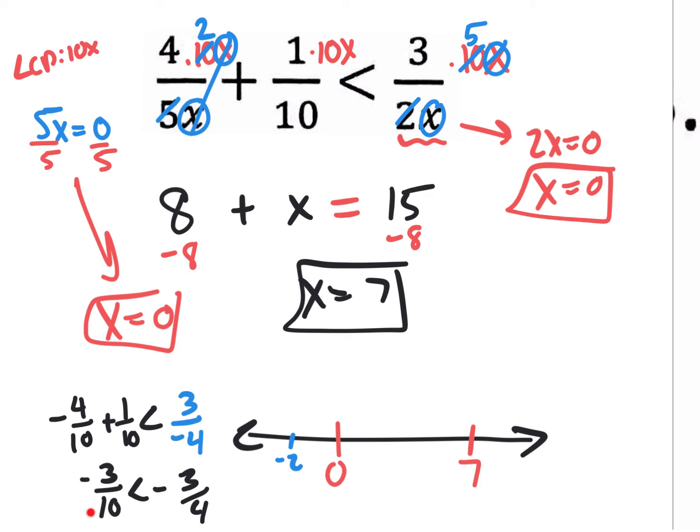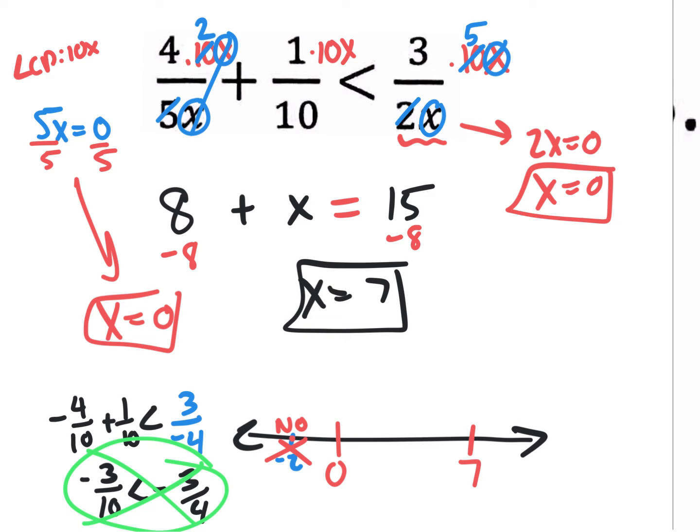The -0.3 is closer to the positive numbers, which means that this one's greater. The -0.75 is further left, which means that this one's less. So this right here is a false statement. Doesn't work. So this number, -2, did not work. I'm going to say no. I'm going to put an X on it.